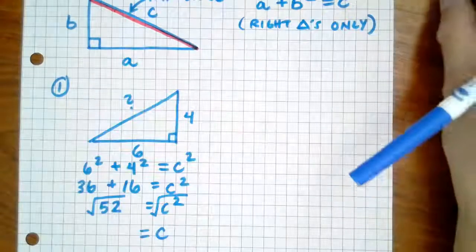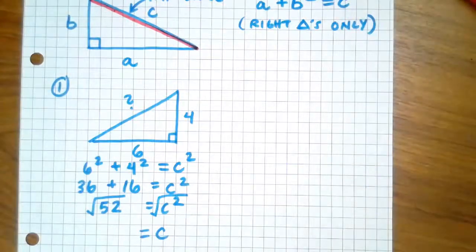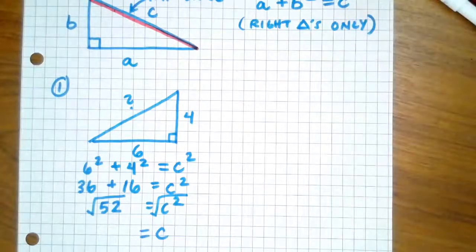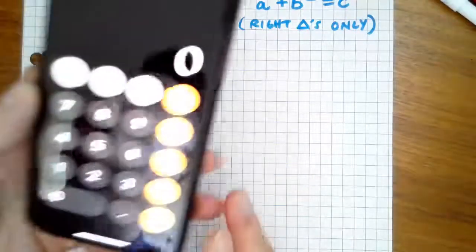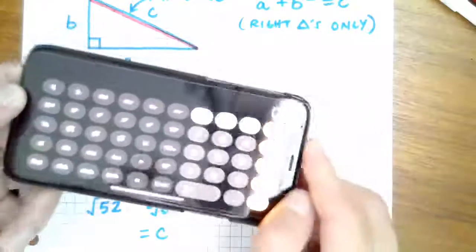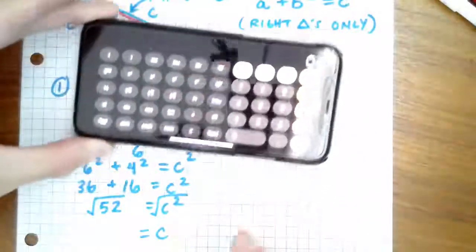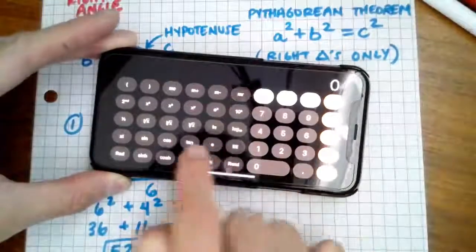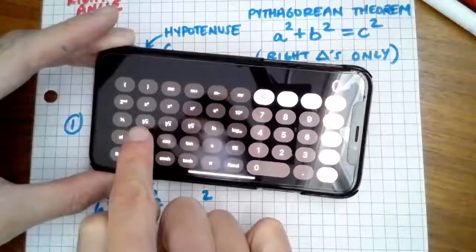Now 52 is not a perfect square, so it's hard to do that in your head. You can use a calculator for this. If you have a calculator, use it. If you don't have one handy and you have your phone, you can use your phone. If you have an iPhone, one trick is you can rotate the phone to find the square root button. The square root button that you need is going to be right there.